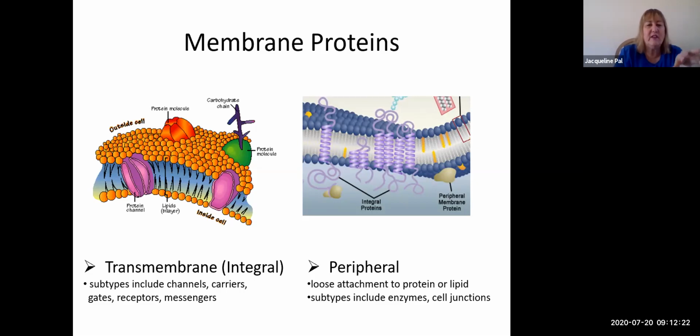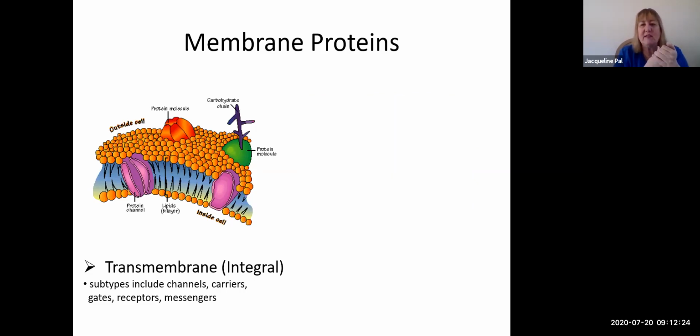There are a lot of different types of these. Anytime this semester or in physiology we talk about channels or carriers or gates or receptors or messengers, those are all transmembrane proteins that are going to stay. They're not going to be removed.